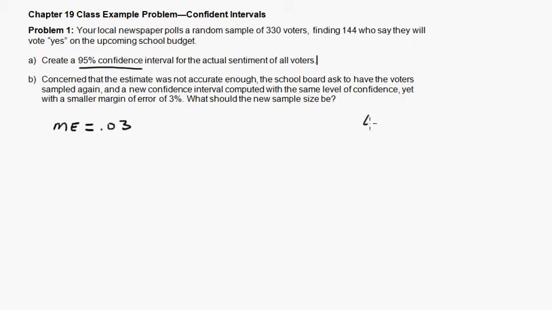So remember, a confidence interval is an estimate plus or minus a margin of error. And in this case, for proportions, our estimate is p hat plus or minus the margin of error.